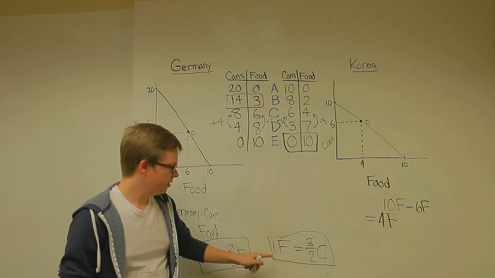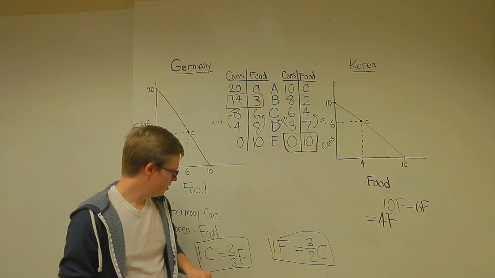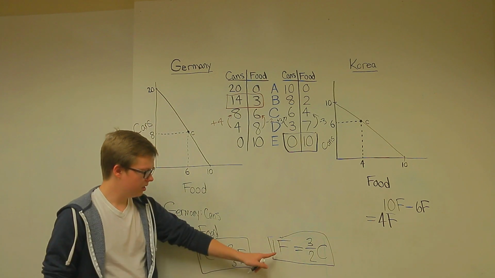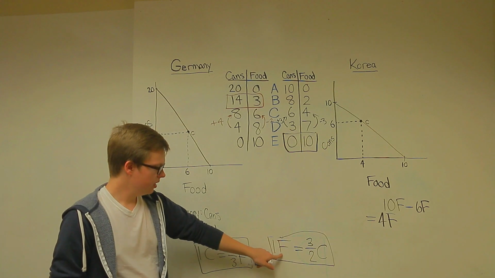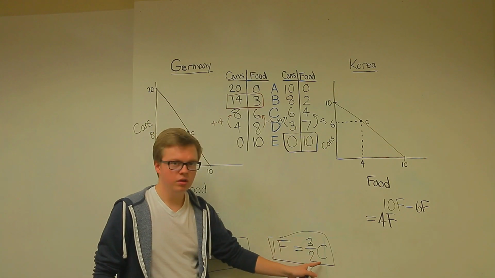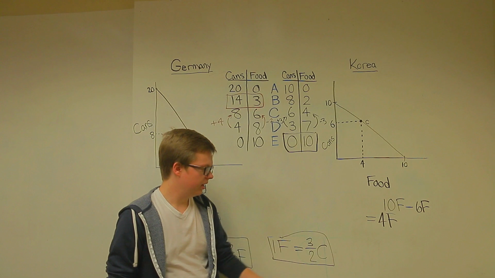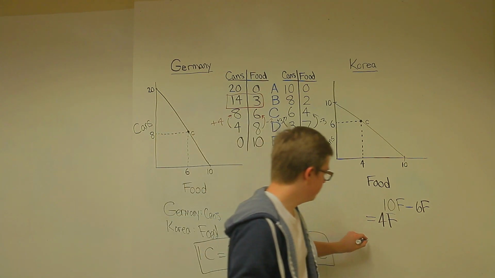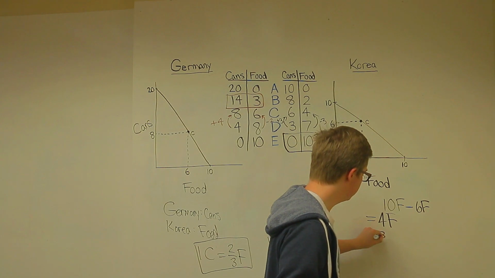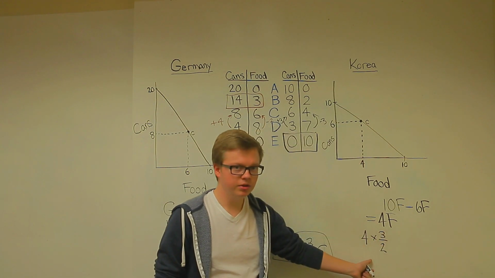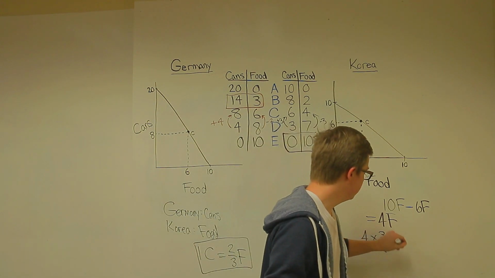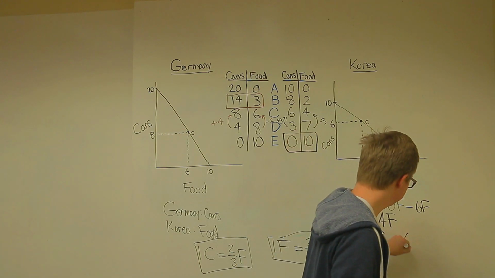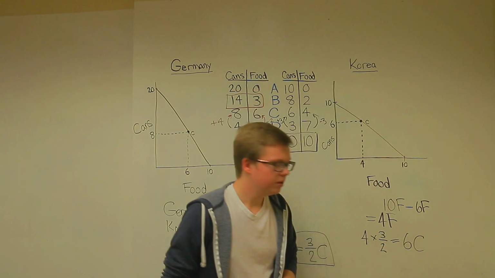In exchange for that, using this exchange rate, we know that if they sell 1 unit of food, they get 1.5 cans.